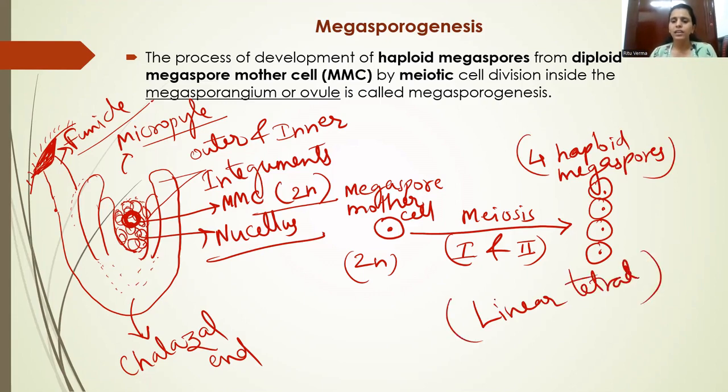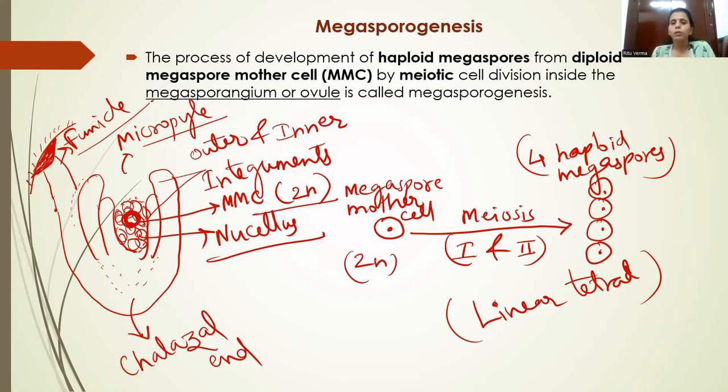While learning about the process of microsporogenesis, we learned that there are different types of tetrad, like tetrahedral tetrad, isobilateral tetrad, decussate, T-shaped, linear, etc. Remember, in the case of pollen grains or microspores, any type of tetrad can be formed.